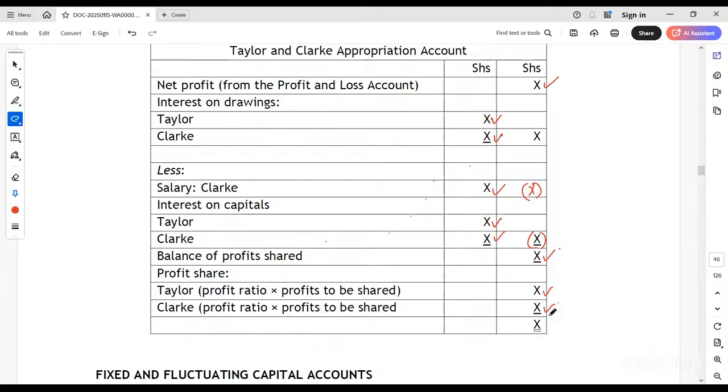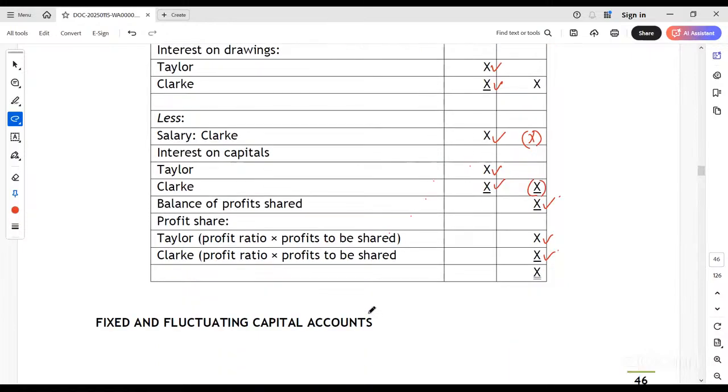That's how we prepare that account. Net profit, add interest on drawings, less partner's salary, less interest on capital, get your profits to be shared, then you share them according to the ratios of the partners.